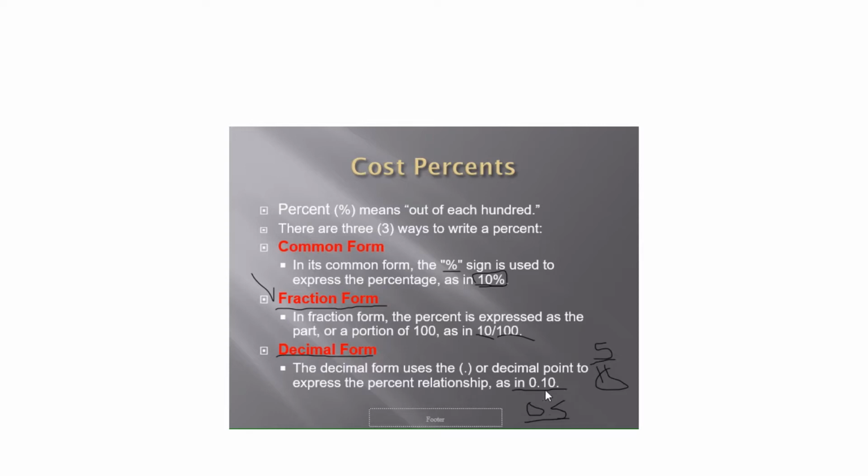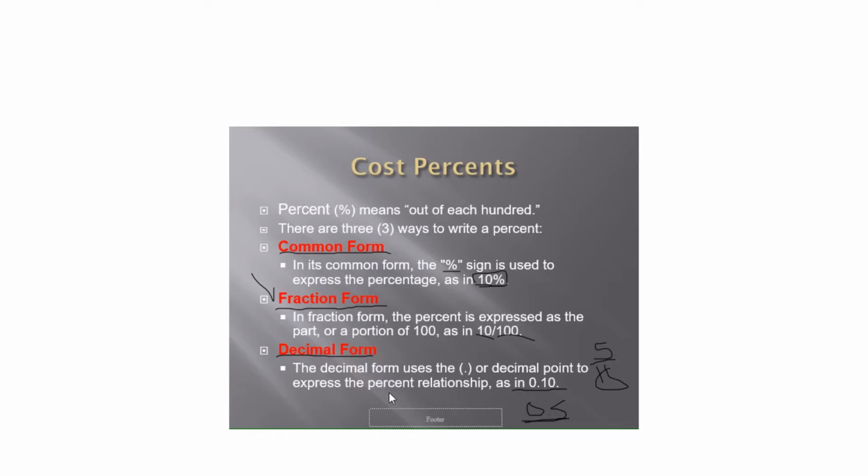Okay, now one thing I'd like to bring up is that in order for us really to express our percentages properly, we have to be able to convert our decimal form percentages into common form. Now, once you've got the hang of this, you probably won't need to use a calculator. You'll automatically know what it is.